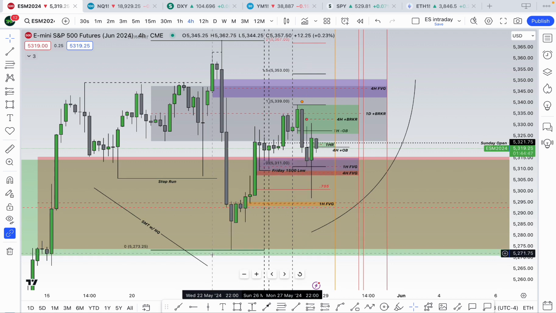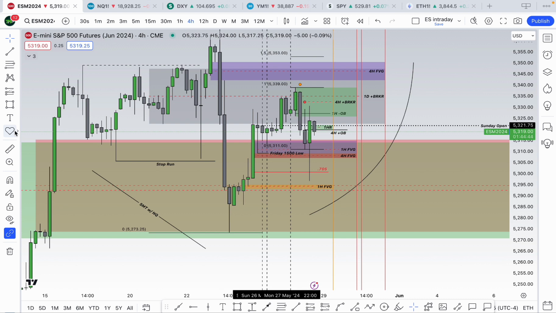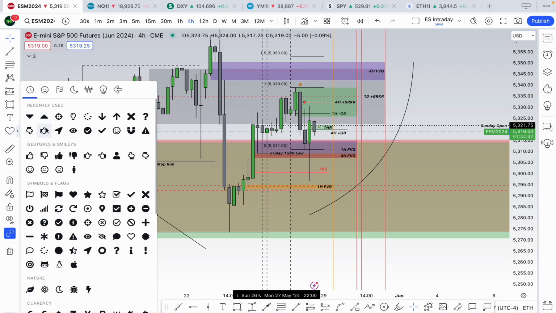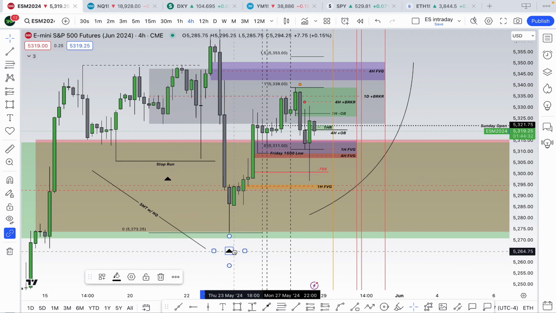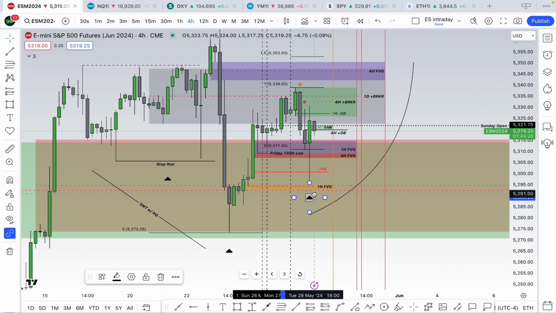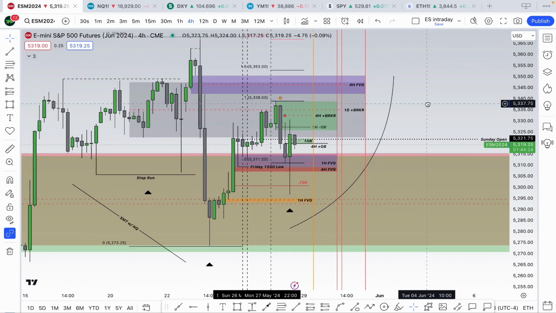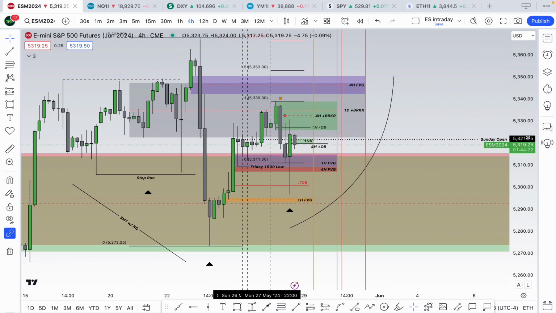As we pinpoint these with little annotations, we can start to see how we'll use them. This is a swing low here, and a swing point there. Then potentially, if tomorrow goes well and moves in line with the higher time frame.